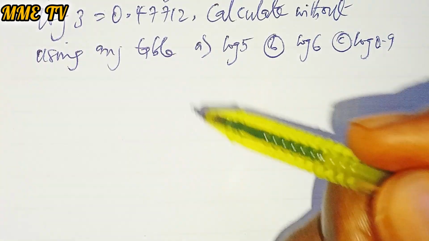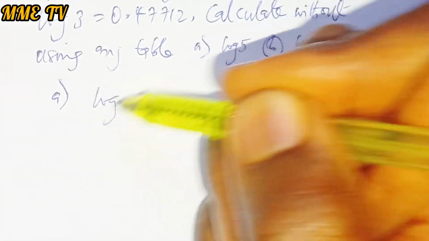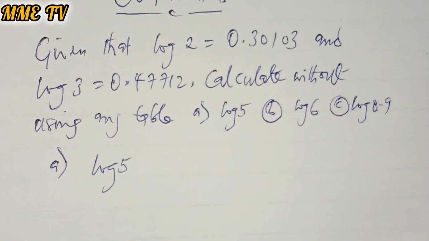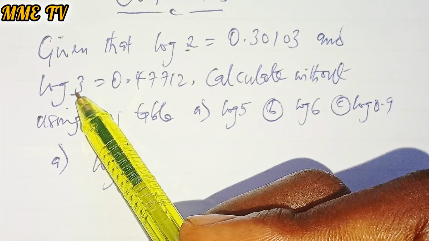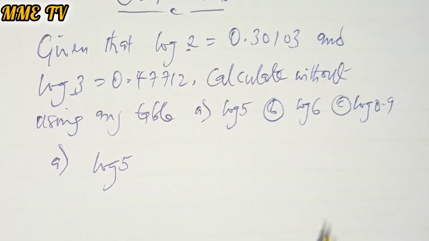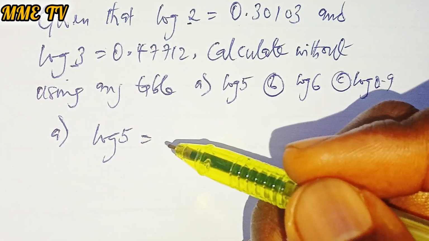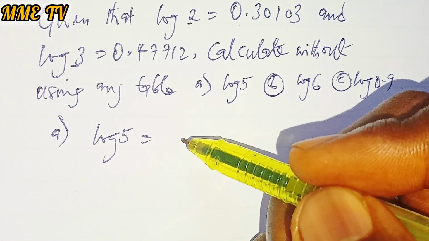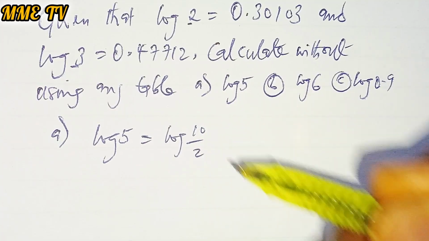What do you do? Number one, let's go to A. Knowing fully well that log 5 is not part of what is given here. When you look over here, we are given log 2 and we are given log 3. You are not seeing log 5. So we are going to devise a means by saying, remember that log 5 is also equal to log 10 over 2.